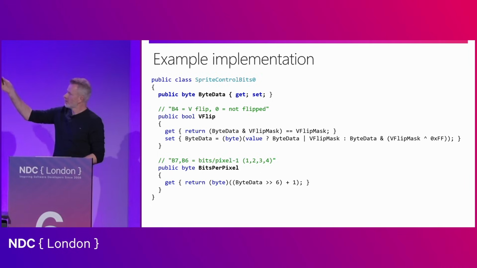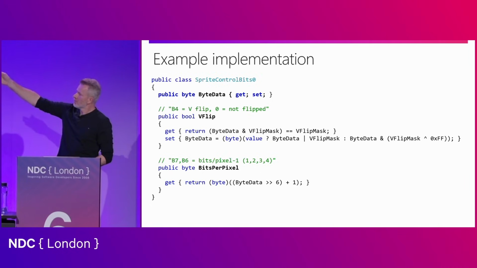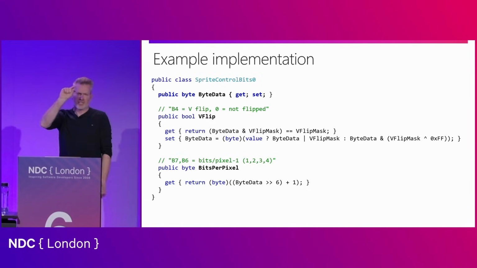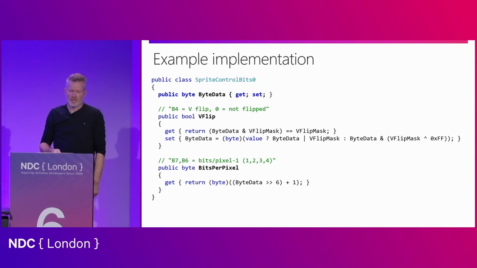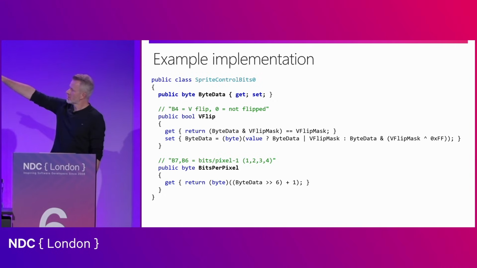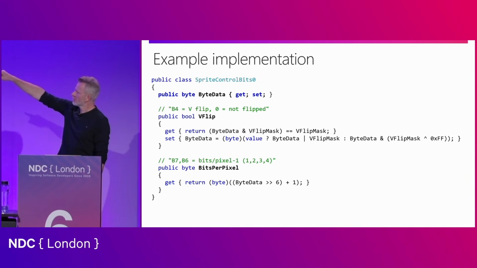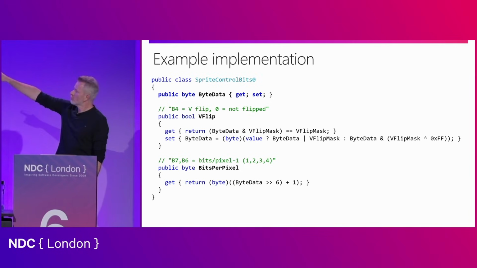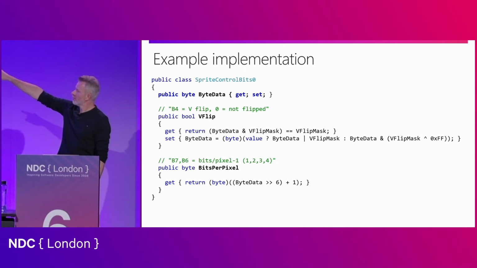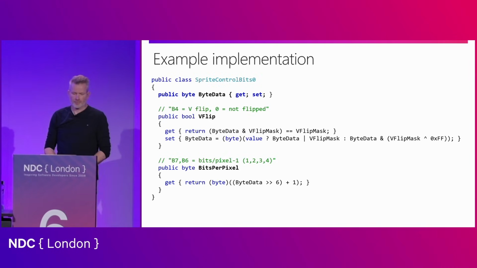So for the V flip, you can see in the getter that we check if the V flip mask bit is on, just by doing an AND and seeing if we get the same value back. And in the setter, with the byte value and the ternary operator, depending on whether it needs to be on or off, we can do either the OR with the mask or the AND with the XORed value.